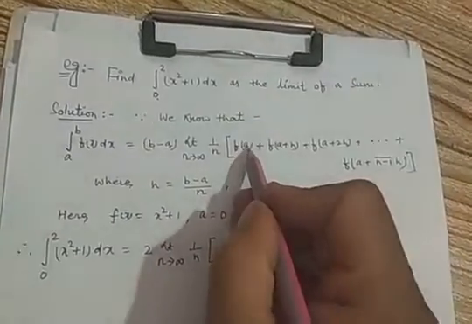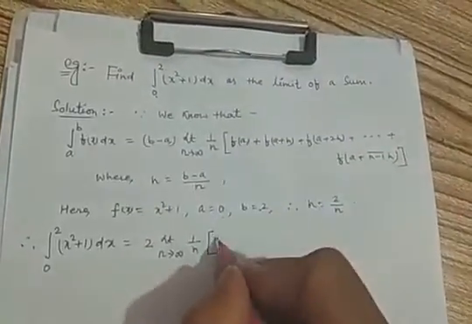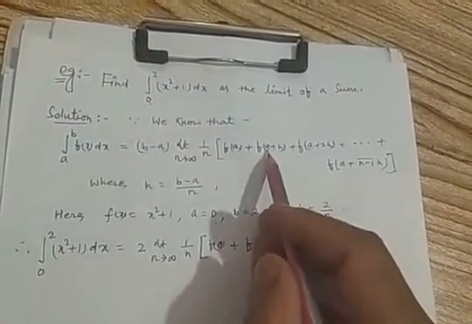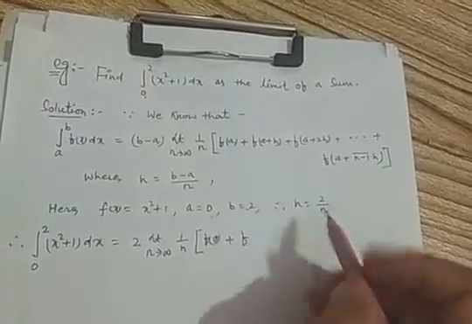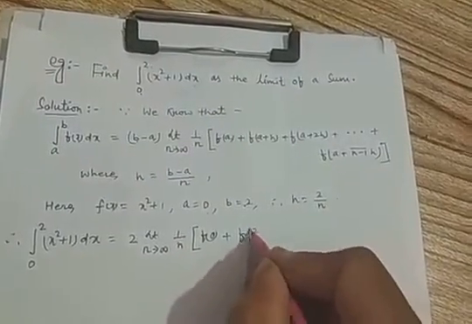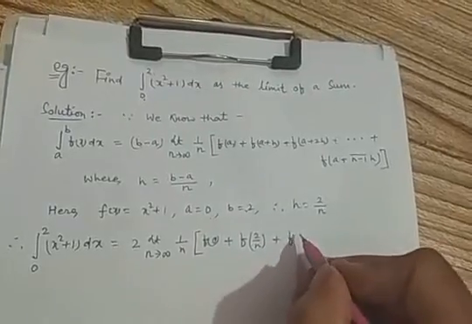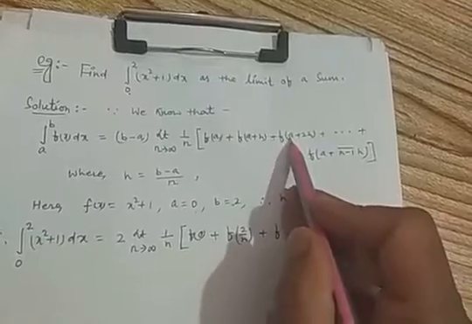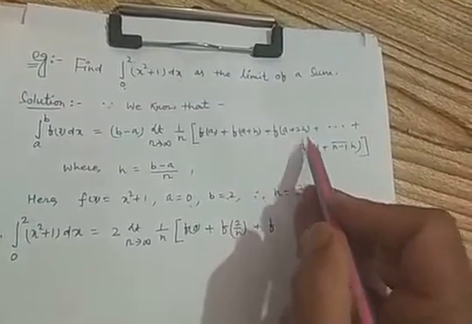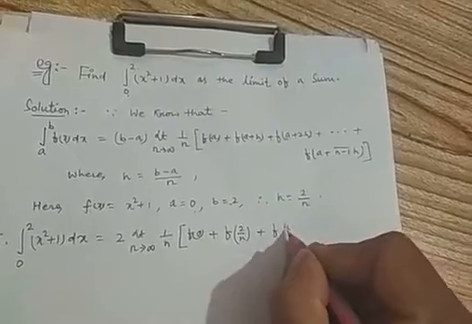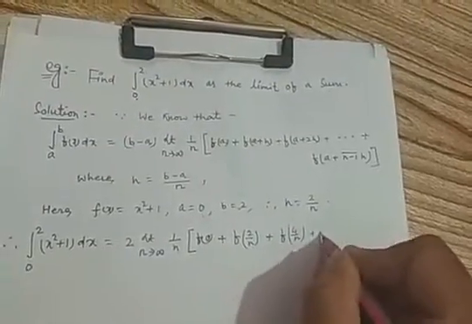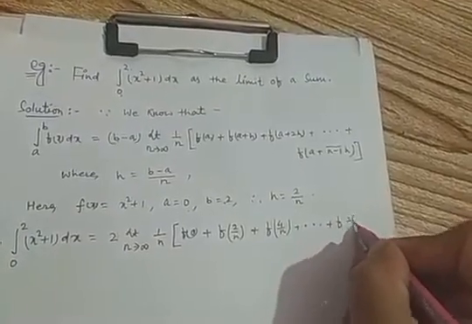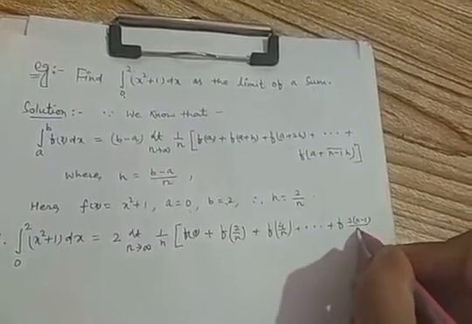Here will be f(a), that means a is equal to 0, so f(0) plus f(h), h is equal to 2 by n, so f(2 by n), plus f(a plus 2h), a is 0, so here will be 2 into 2, 4, f(4 by n). Similarly here will be f(2 into (n minus 1) upon n).